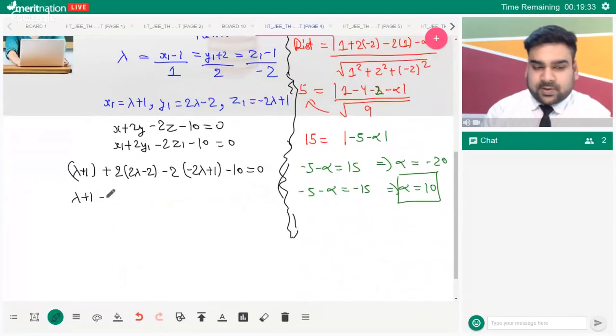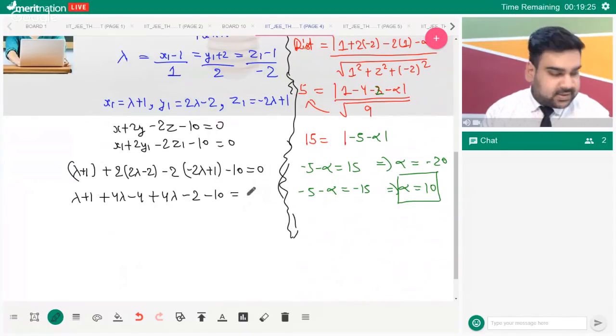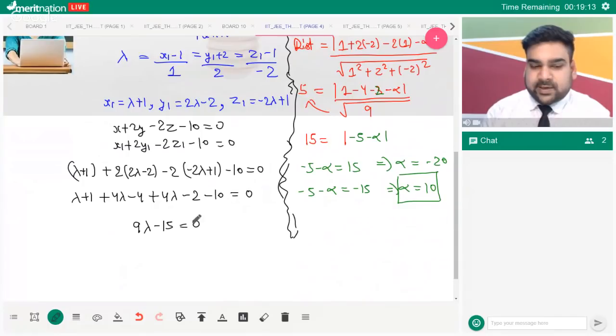Lambda plus 1 plus 4 lambda minus 4 plus 4 lambda minus 2 minus 10 equals 0. If you calculate, you will get 9 lambda minus 15 equals 0. Lambda will be equal to 5/3. This is your value of lambda.